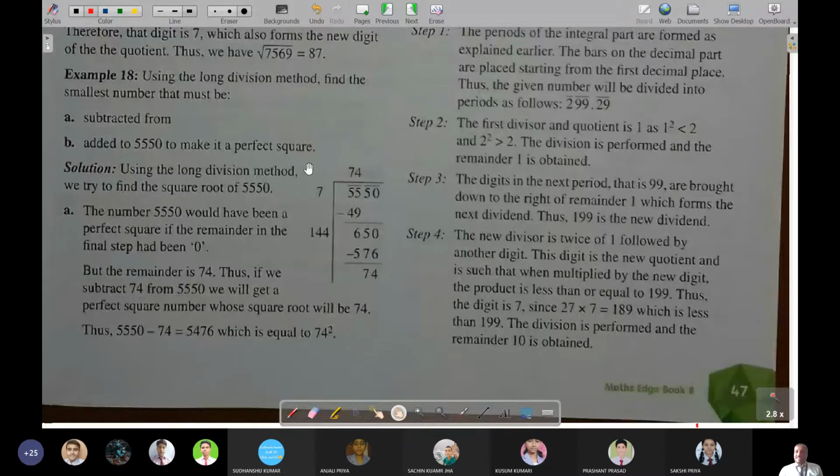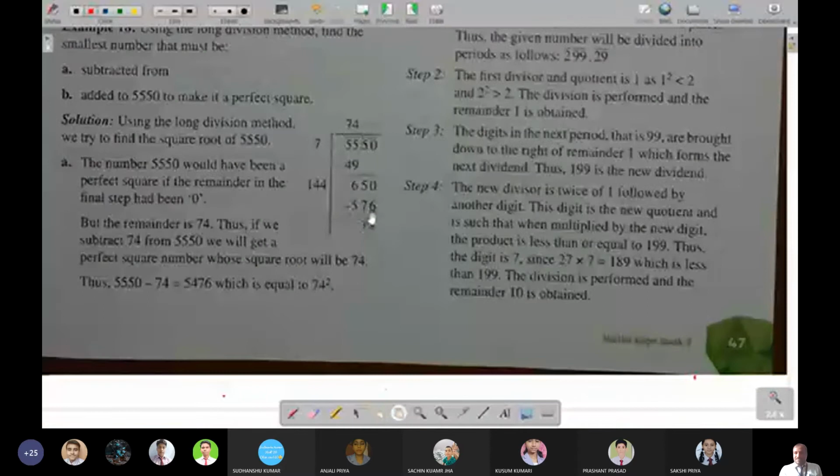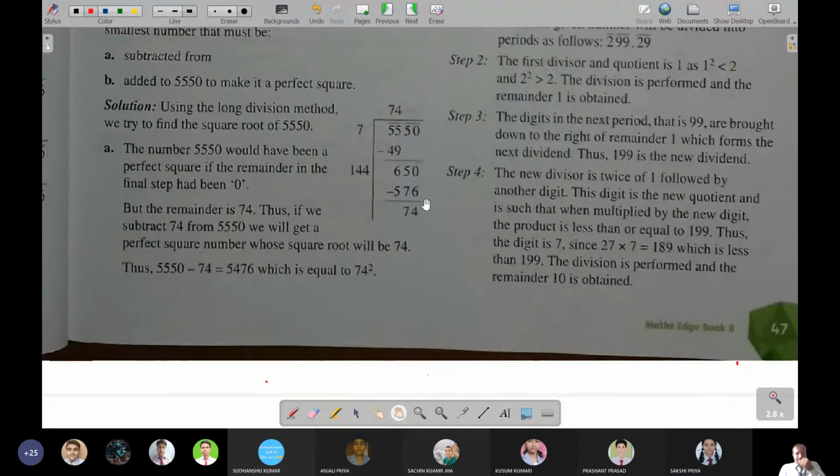So when it is said subtracted from, then of course you will do the long division method. What remainder comes at last? Like over here it is 74 and this is 144, and if we add 4, then it will become bigger, but the number is smaller. So what should be done? This 74 should be subtracted from 5550 to make it a perfect square, and that will be the square of 74.